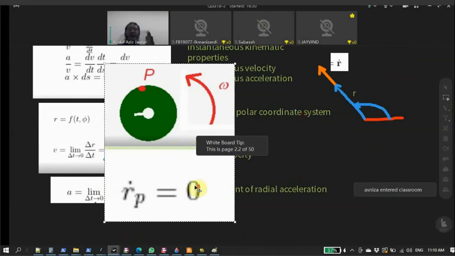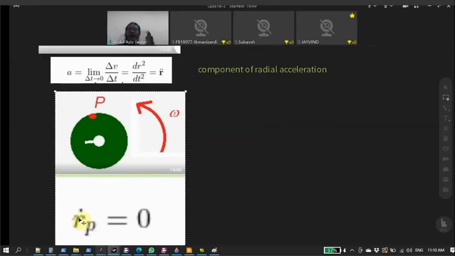So if you have, let's say, a cylinder here, right? And we have a point P that has a rotational motion along the axis of this disc. So we have this r dot equal to 0. It means that the position vector does not change its magnitude in the radial direction, so that it becomes 0.